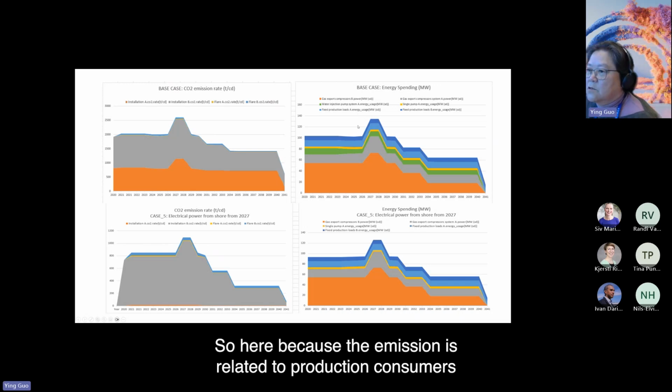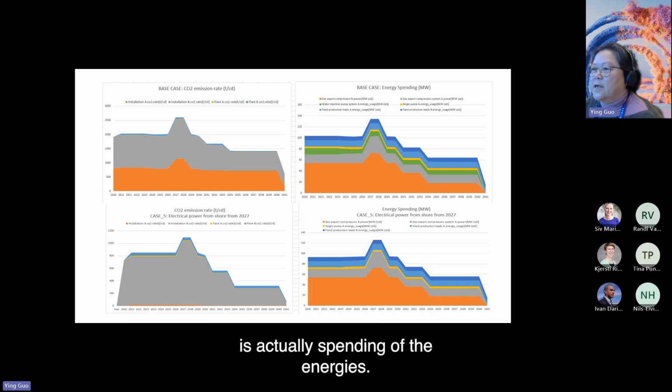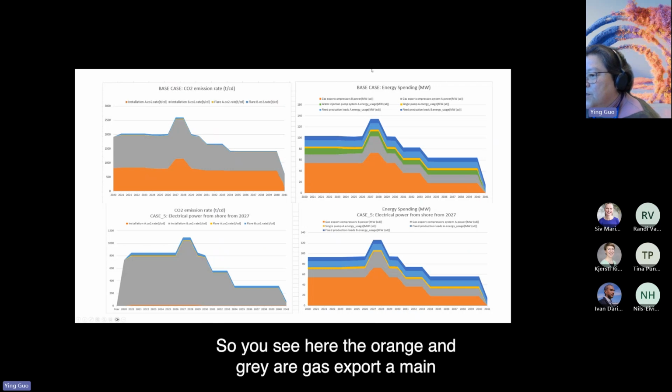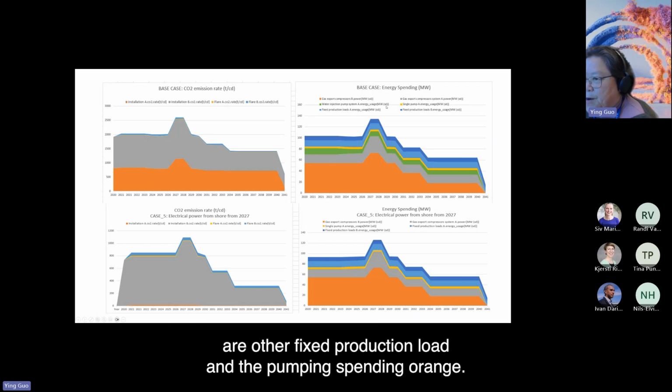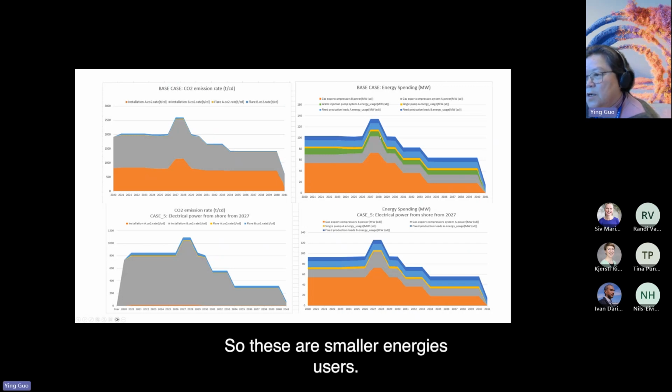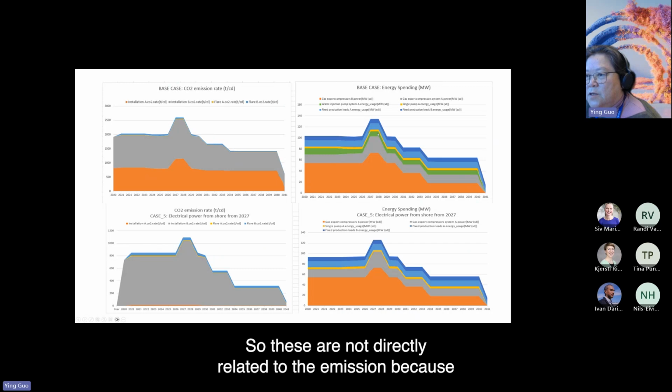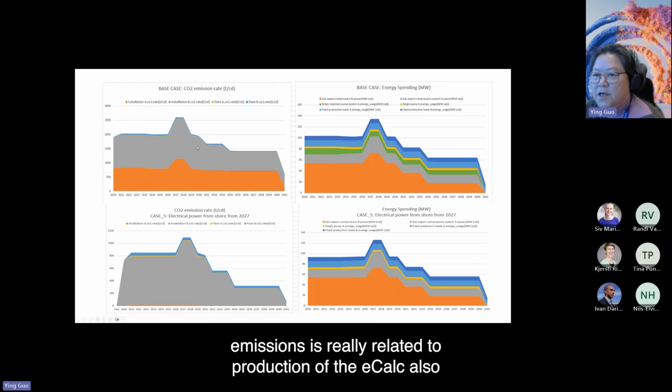Because the emission is related to production, the consumers are actually the spending of the energies. So you see here, the orange and gray are gas export, a main consumer, and the rest is water injection, the green, and there are other fixed production loads and the pumping spending, orange. These are smaller energy users, not directly related to emissions, because emissions are really related to production.